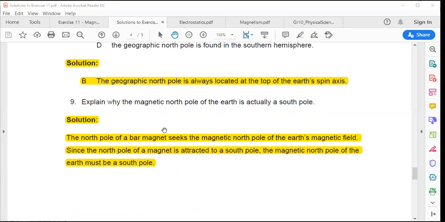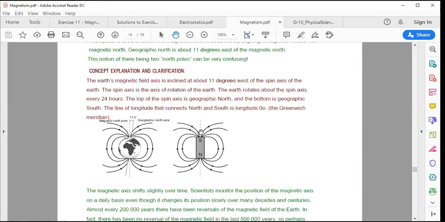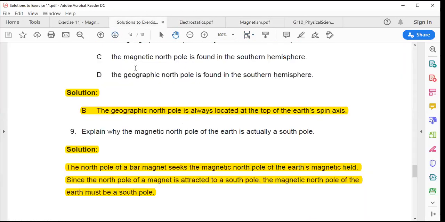When you talk about minerals under the ground which attract the compass, it means the north is actually the south, as per this diagram. For a compass to point this way, this south should be attracting the north pole on the compass. So the one that we say north is actually the south. That's the explanation on that one.